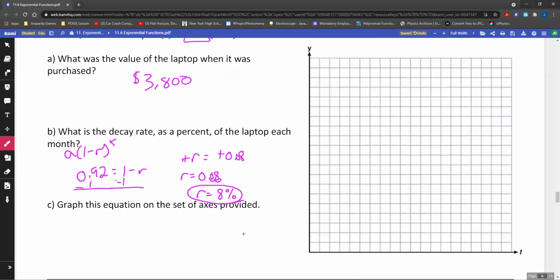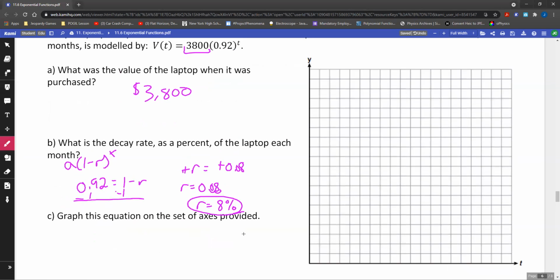And now they want us to graph this over here. So let's see. You can, like I said, use some sort of graphing function. 0.92 raised to the x power. Okay, so 0, that's 1.